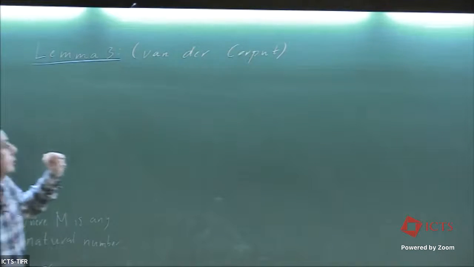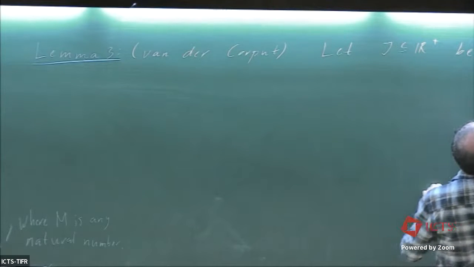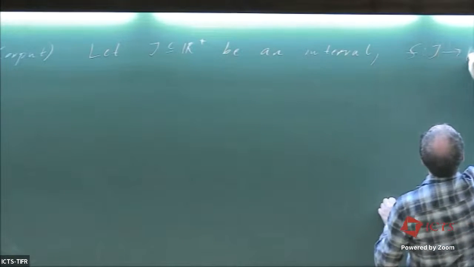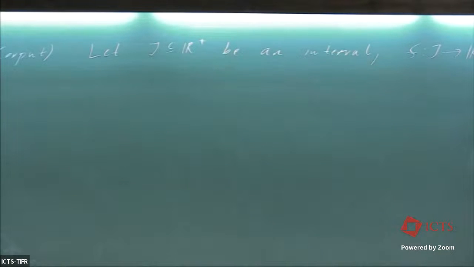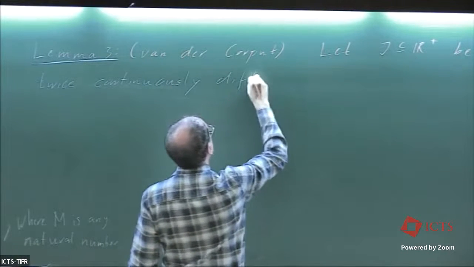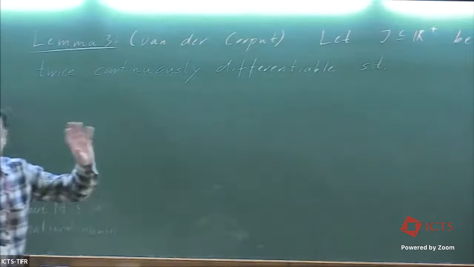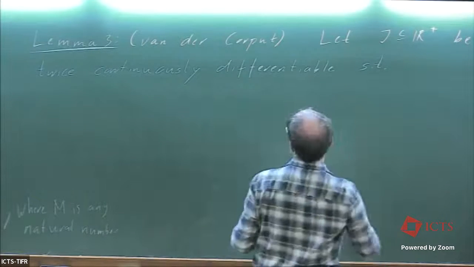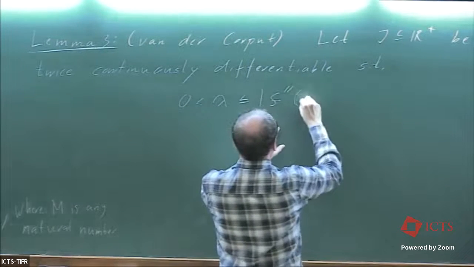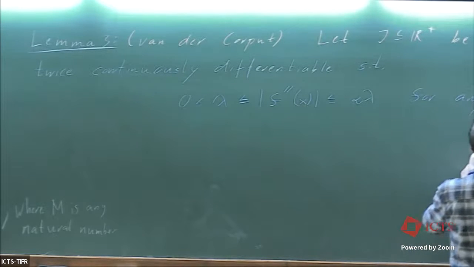We take an interval I in R plus and f from I to R, twice continuously differentiable, such that the second derivative is in a certain range: lambda, which should be greater than 0, is less or equal to the modulus of the second derivative, which is less or equal alpha lambda, for any x in I.